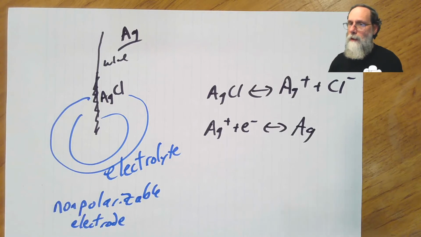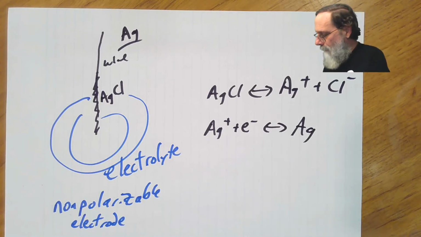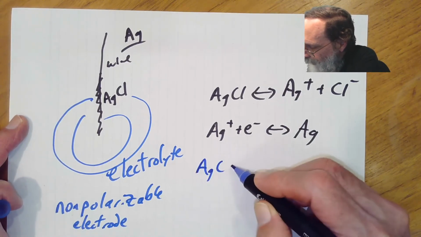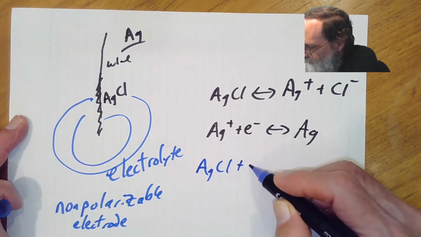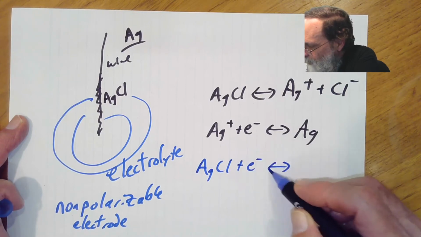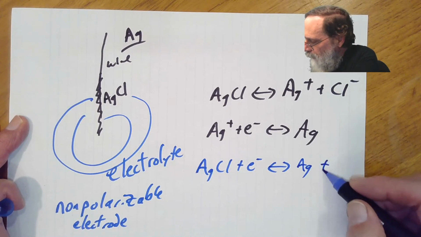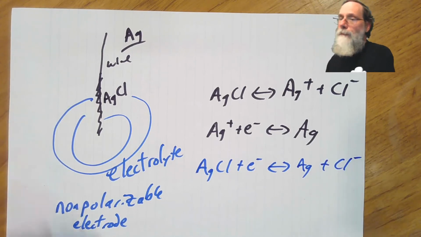Now we can put these two reactions together, and what we have is AgCl plus an electron going to silver plus a chloride ion.